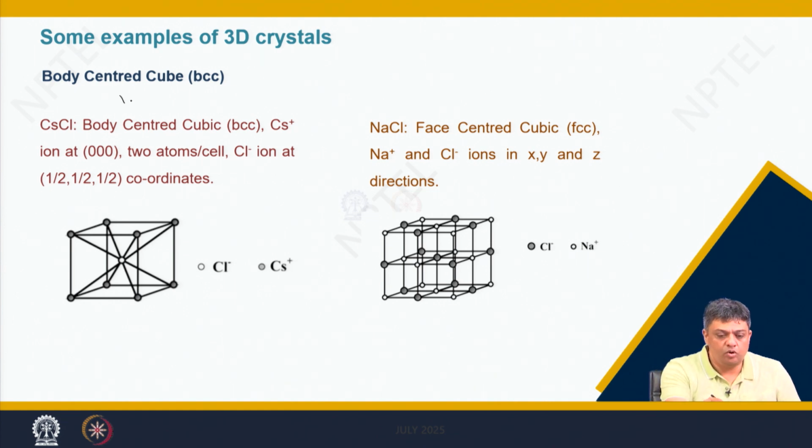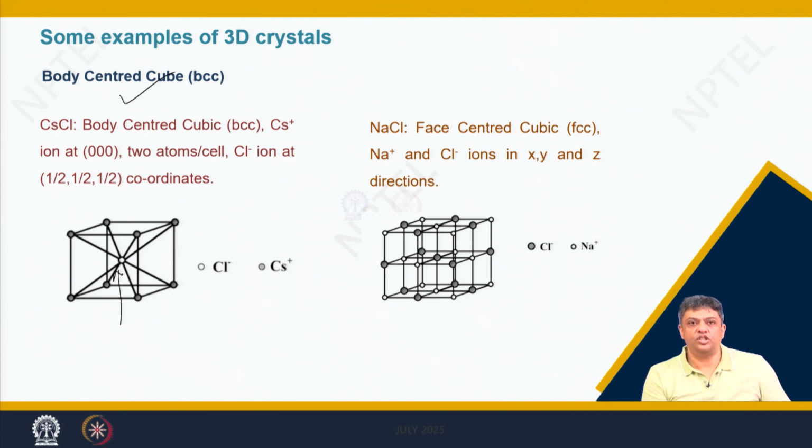This is body centered cubic, there is an atom at the body center. This is what we had shown to you. You have a face centered cubic, example NaCl. So, there is an atom at the center of all the faces.